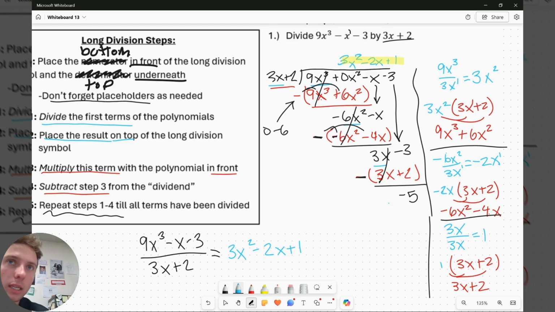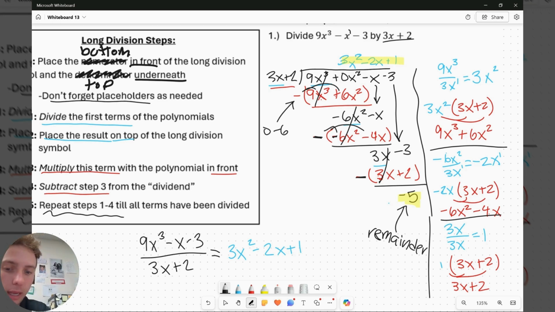However, you need to be careful because what we ended up getting at the end was this value right here, this negative 5. We could not divide anymore. There was nothing else to divide. That meant that this negative 5 did not get divided. It still needed to be divided. Well, when that happens, we know that that value is called a remainder.